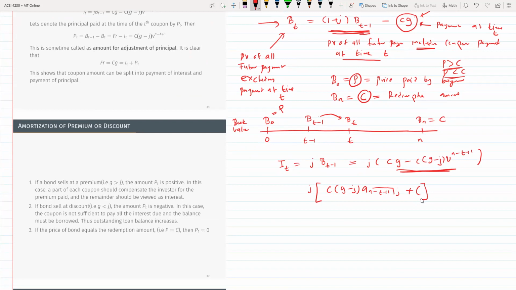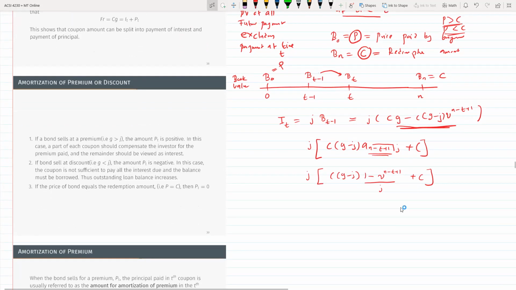Okay, so let's try to simplify this. This one we have Cg minus j. This one I can write as 1 minus v to the N minus T plus 1 over j, that's the formula for the annuity immediate, plus C. So let's multiply.